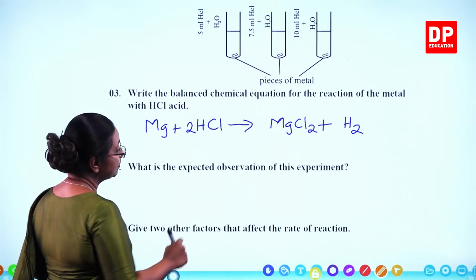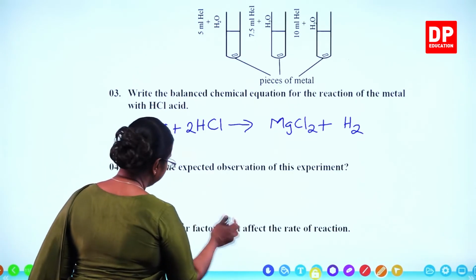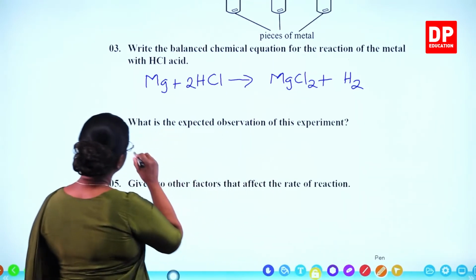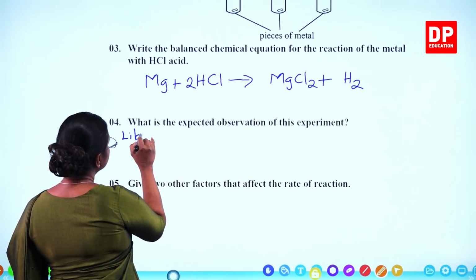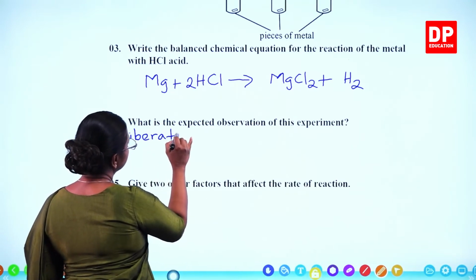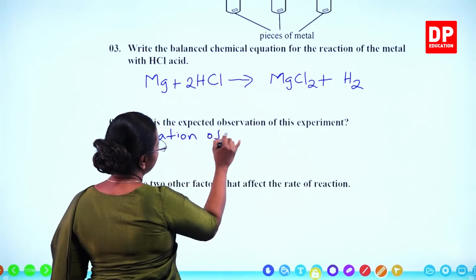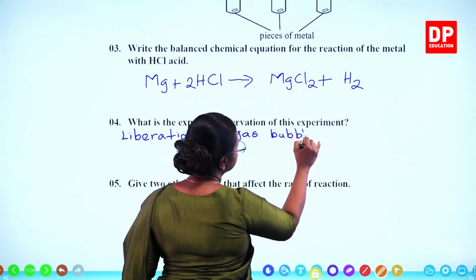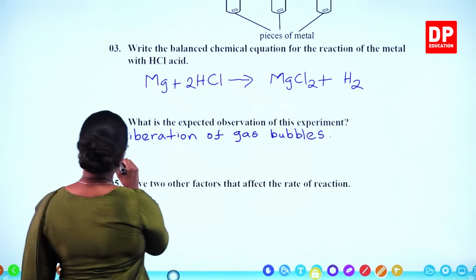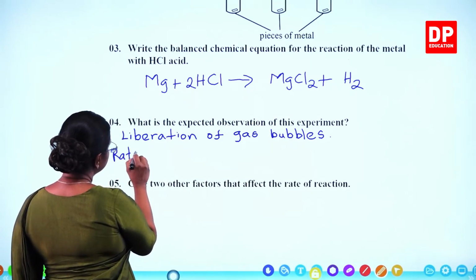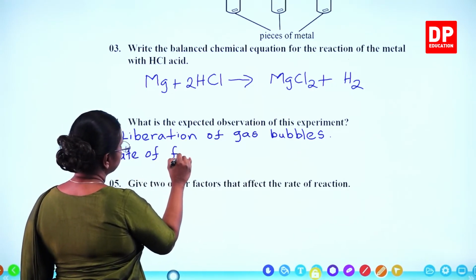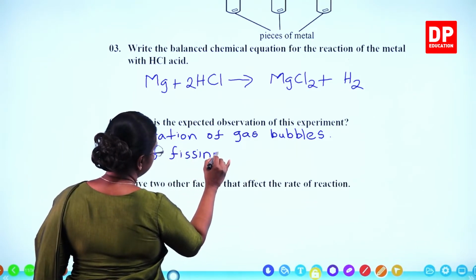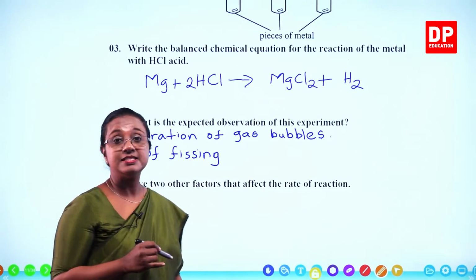So, what is the expected observation of this experiment? We can say liberation of gas bubbles, then rate of fizzing, you can write it as fissing or fizzing.